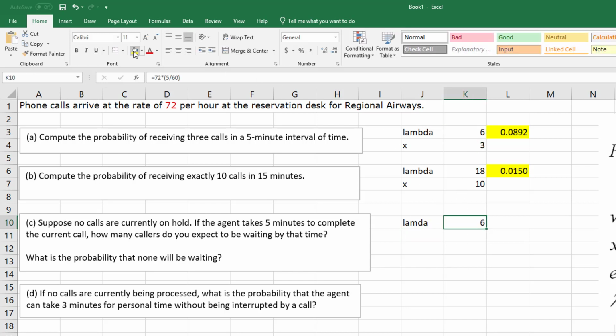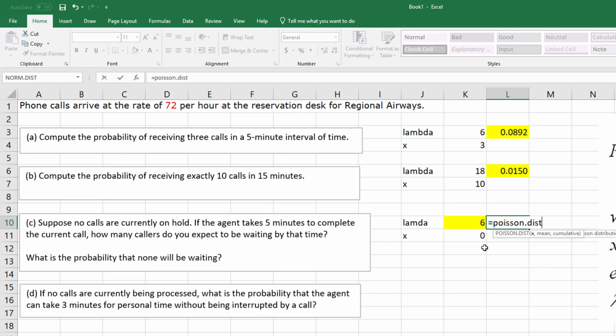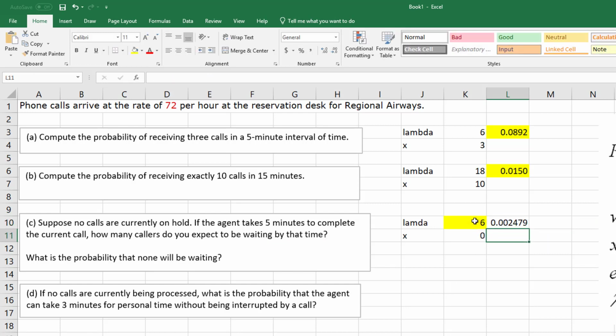So that's what we would expect to get. Then it says find the probability none would be waiting. I could just go up there and change that to 0, but I'll go ahead and do this for each one of these. So equals Poisson.dist, my X for none, my mean, and then false to get my actual probability.